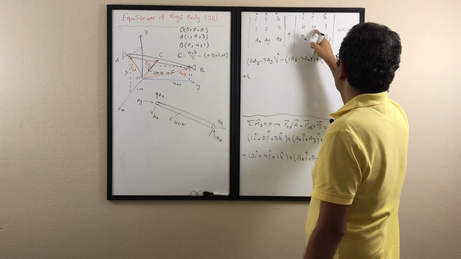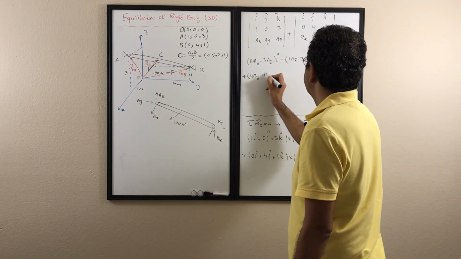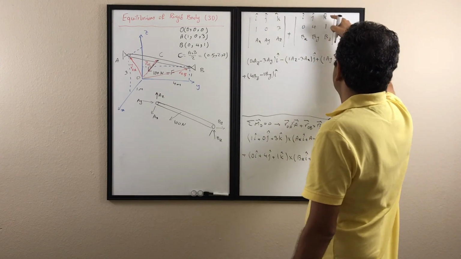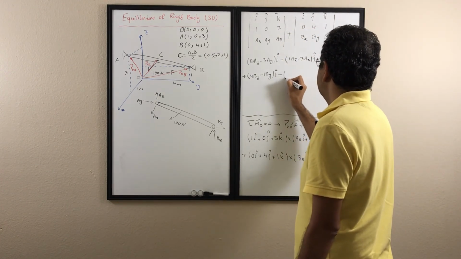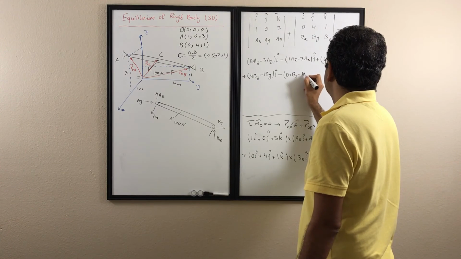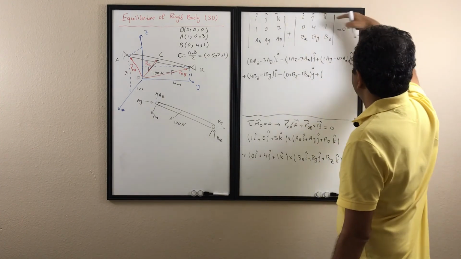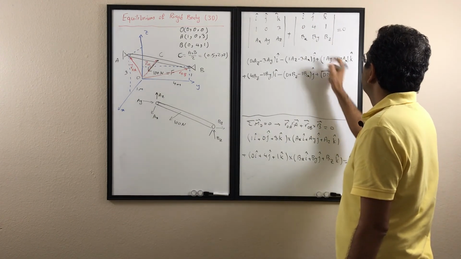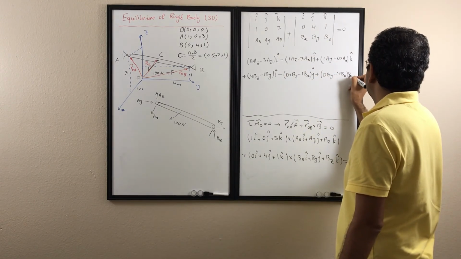And then we start with the second determinant, so plus, eliminate the row and column the I is in, so it's 4BZ minus 1BY, I. Then we eliminate the row and the column the J is in, so it's negative, 0 times BZ minus 1BX, J. And then the third one is plus, eliminate the row and the column the K is in, so it's 0 BY minus 4BX, K, which is 0.